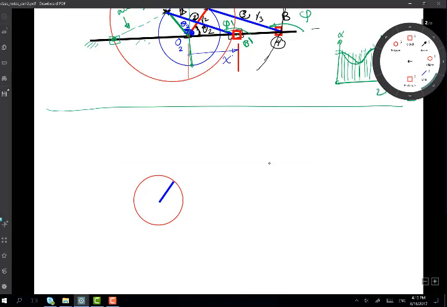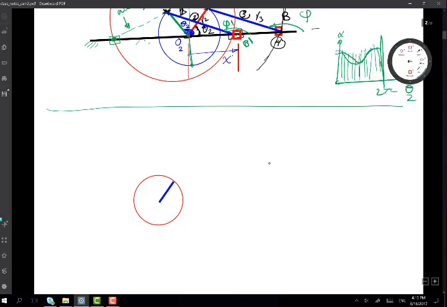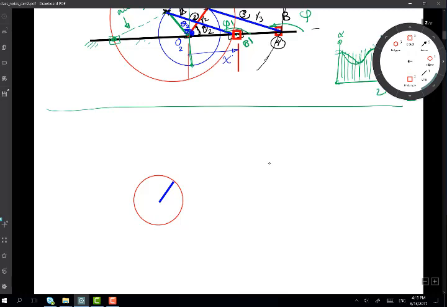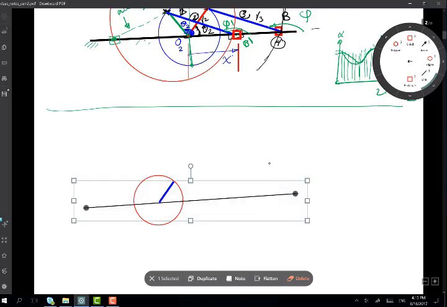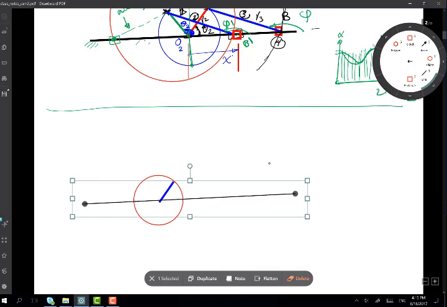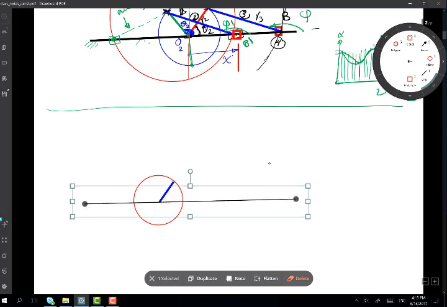I'm going to change the thickness of this line. I want a line here just to represent my ground. So this will be the ground for me.